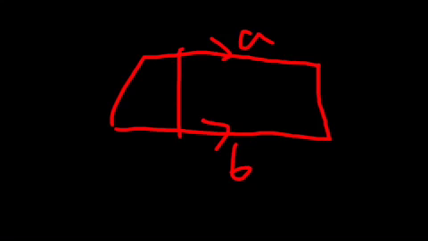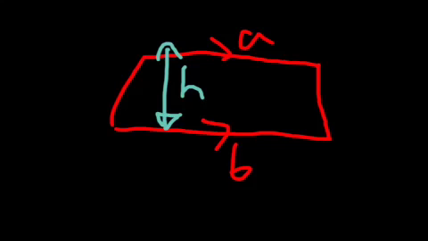And finally, the trapezium. Trapezium, two parallel sides. This is called A, and this is called B, and this length here is called the height.